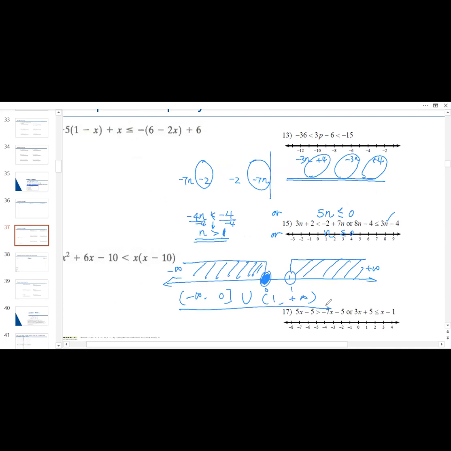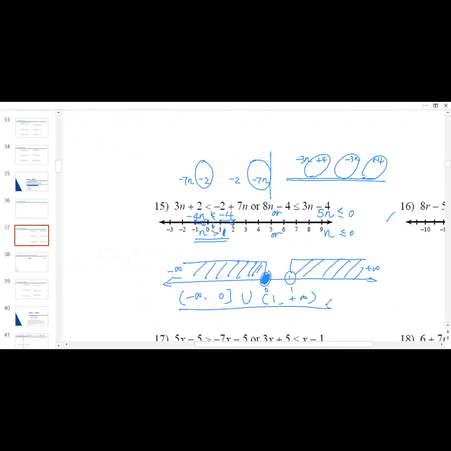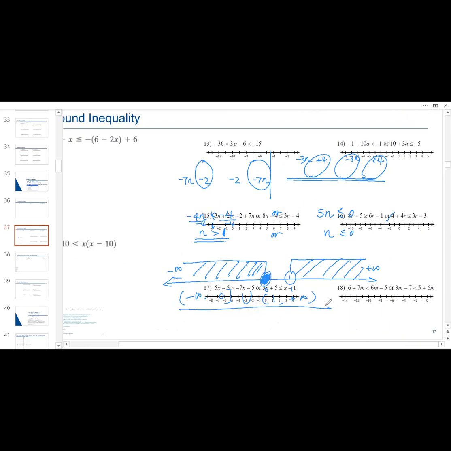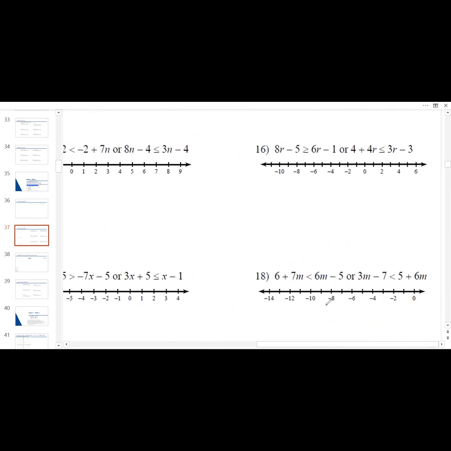Two different inequalities make the compound inequality. Let's see 16. So here is actually very similar, right? Very similar kinds of situation. See 16 here.